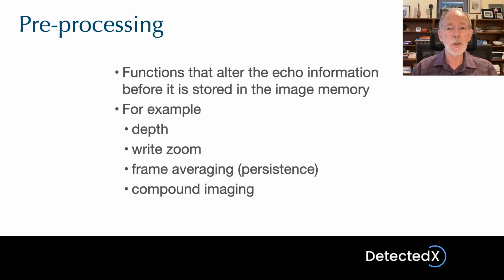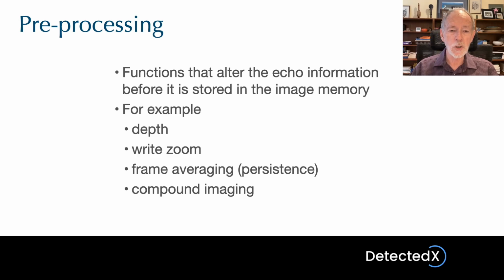I'd like now to talk about one block in the block diagram that was labelled pre-processing. This means processing of the echo signal before it is stored in the image memory. Examples of this would be your adjustment of the depth using a right zoom, which I've just described, and the frame averaging function, which is where the machine averages more than one image together to produce the displayed image.